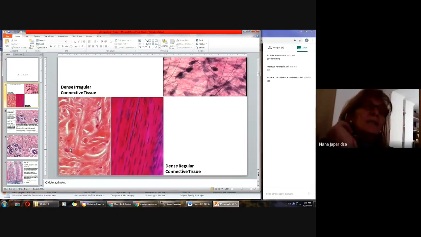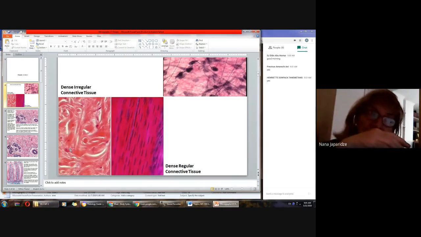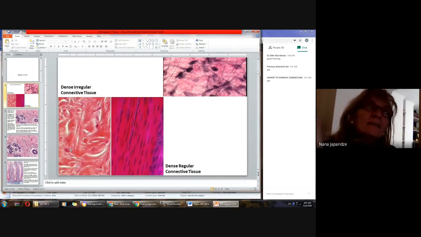A cell which might be represented as active or inactive, and plus it is able to generate, produce and release, for example, collagen fibers.